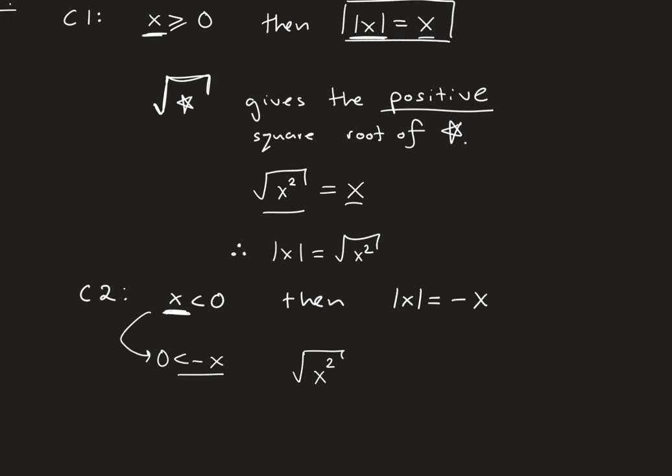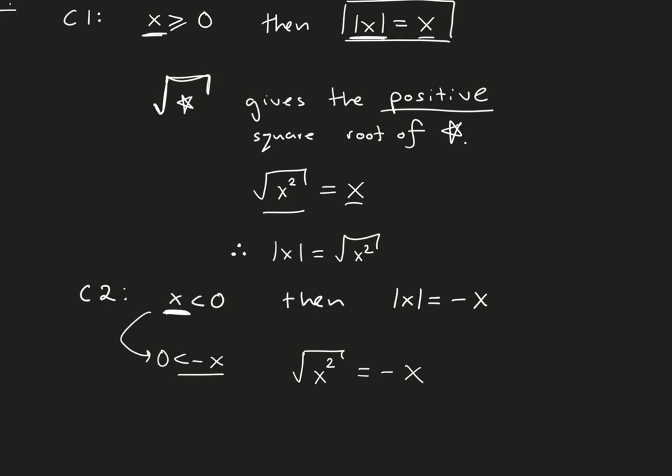If you don't like what I just said, what you could do is say this. This is the same thing as the square root of... Well, no, that's just going to botch things up. The square root always passes back the positive root, and therefore this is also going to be equal to negative x. Because x is negative, it's not going to pass back x, right?